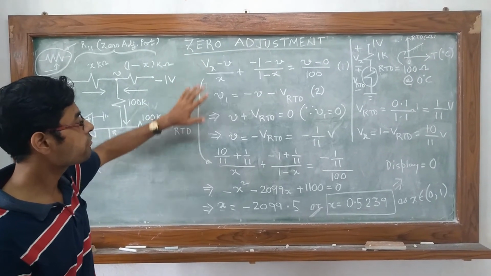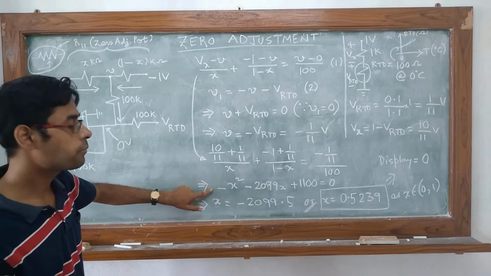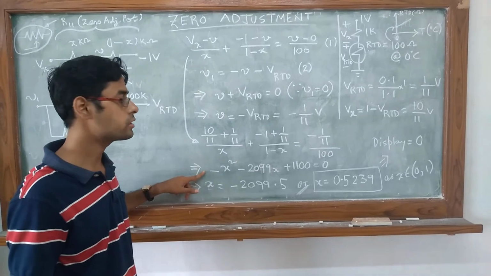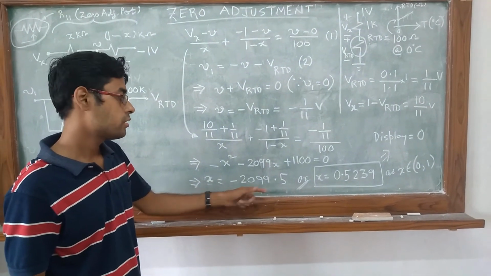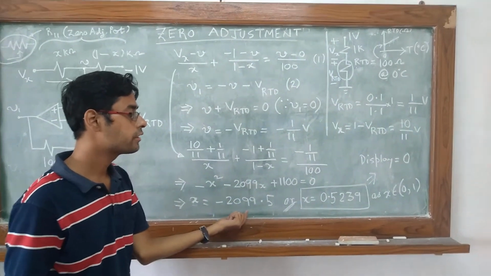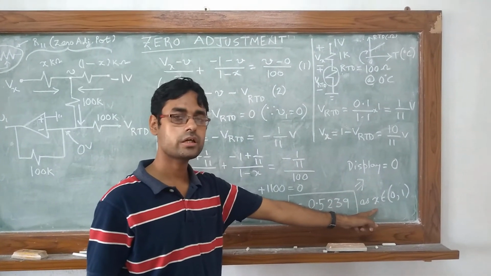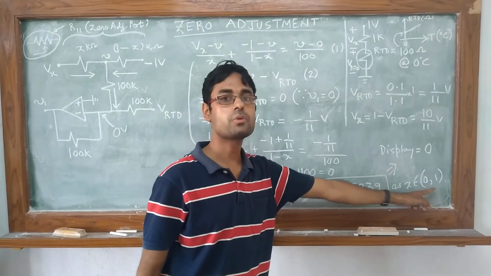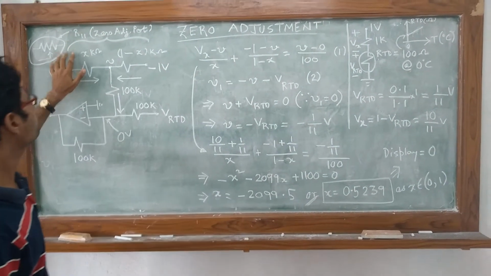So substituting everything, we come to this equation, and then we obtain a quadratic equation which leads to two solutions. The first solution is negative and has to be discarded, and the second number must lie between 0 and 1, because the maximum value that x can go to is 1.